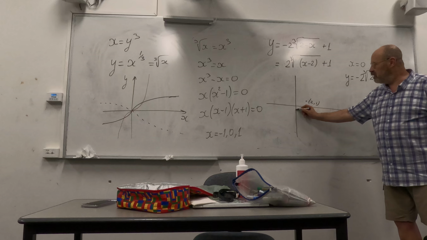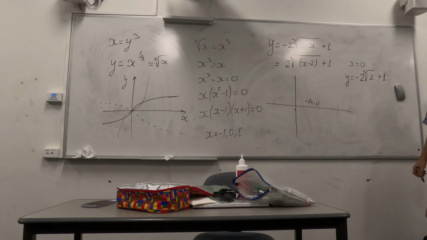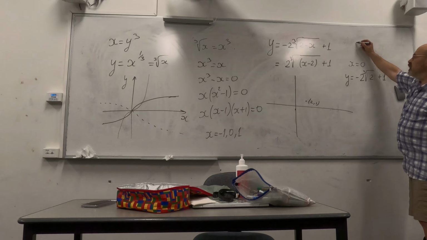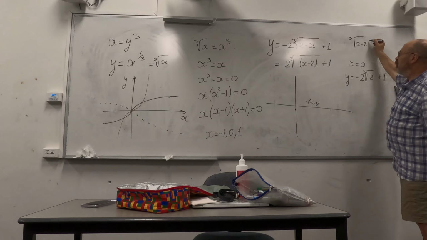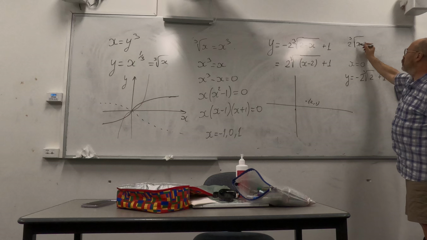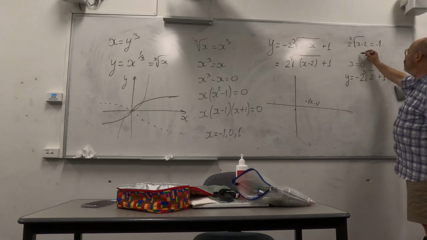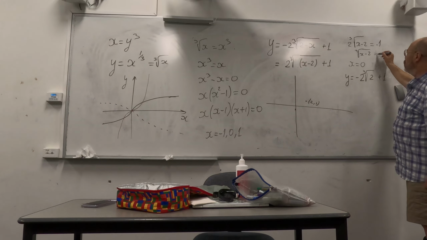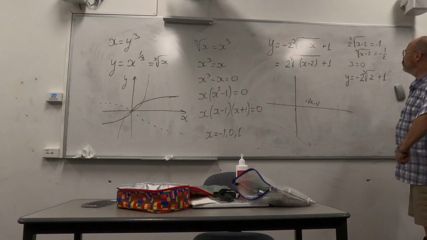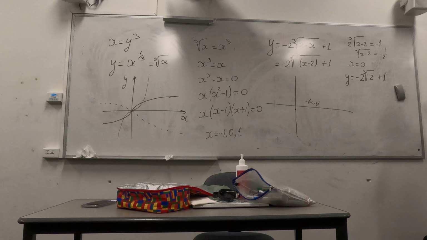That will be a little bit negative. And for the x-intercept, we get negative 2 cubic root of x minus 2, plus 1 equals 0, so cubic root of x minus 2 equals negative 1/2. How did you get rid of the negative?